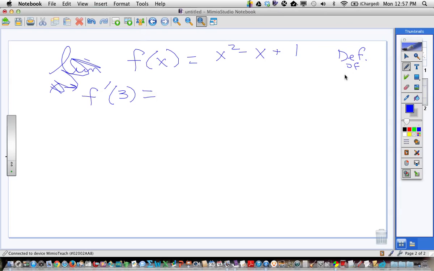The definition of the derivative. Feel free to work with a partner or talk with each other if you want to.